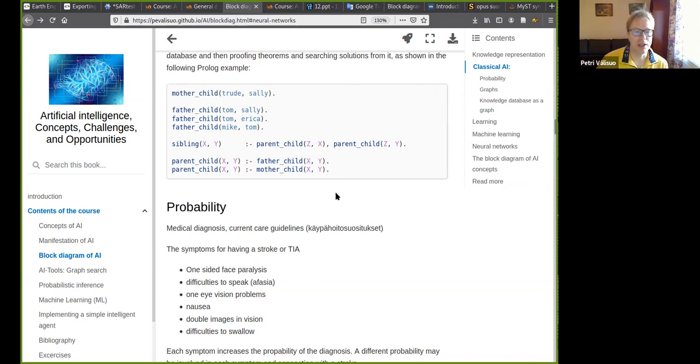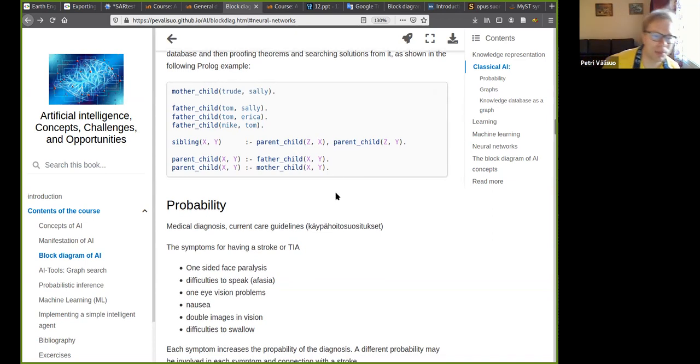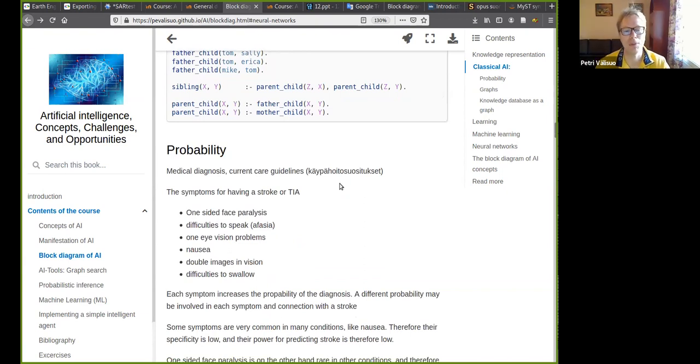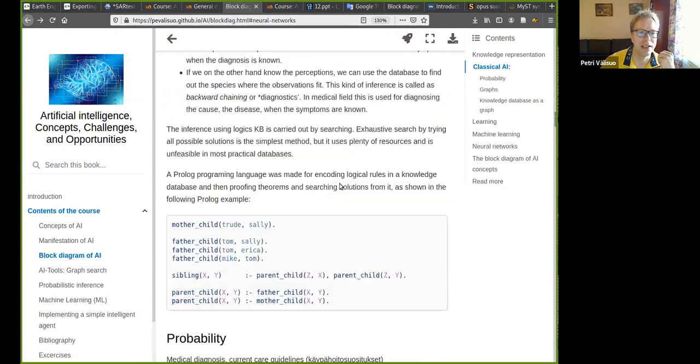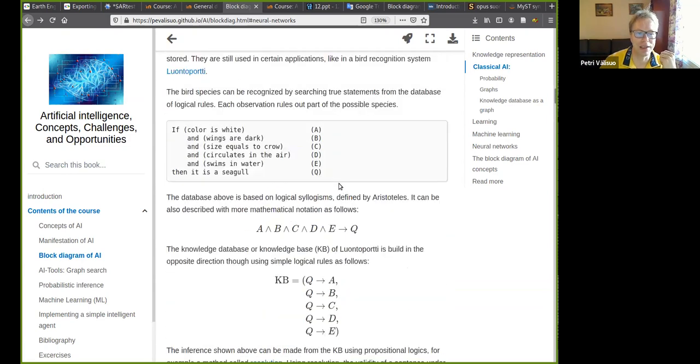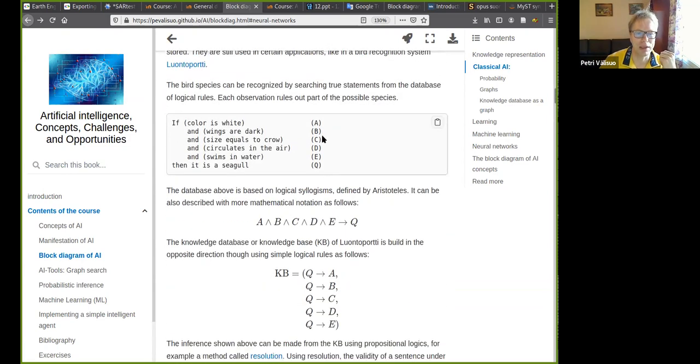So therefore, we can use probabilities to help us. And a very simple extension from these logical statements was that, for example, you could say that if you have a seagull, most of the seagulls have dark wings.